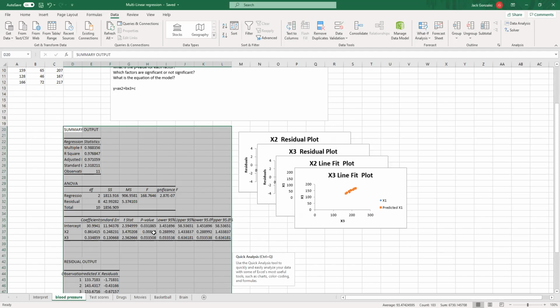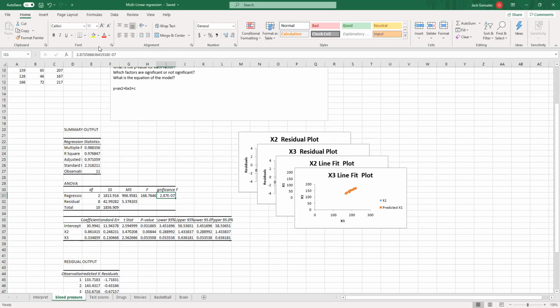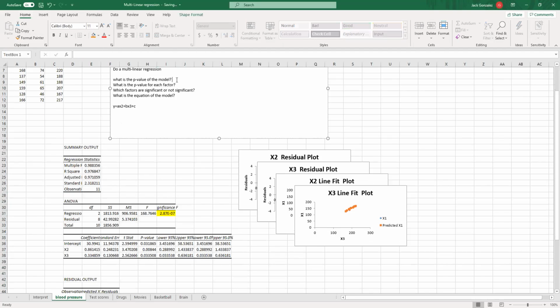So now we have p-values for every factor. And this is the one that we care about that tells us if the model is good. So this one right here, regression significance, that's the one we want. That tells us the p-value of the model. So I'd say, you know what, that's very tiny, 2.87 times 10 to the negative 7, right?